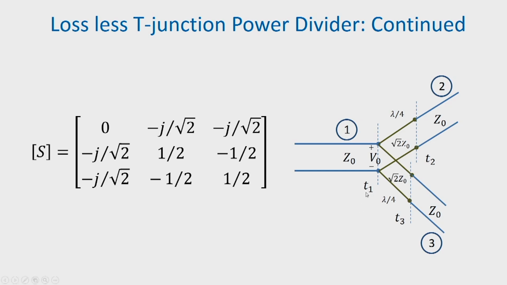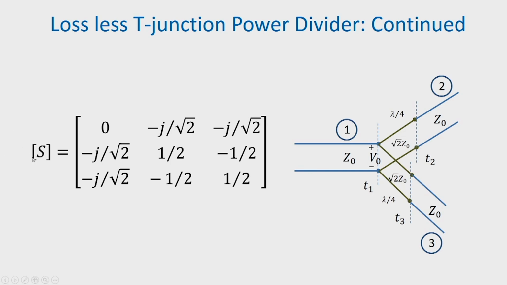Please note that we are showing the terminal planes T 1, T 2 and T 3 here for the phase references. In the previous example, we considered all the terminal planes to be located at the junction. So, we have this Z naught transformed here to 2 Z naught. Similarly, this Z naught is transformed here to 2 Z naught, and finally, we will get the parallel combination of these two 2 Z naughts giving Z naught here.